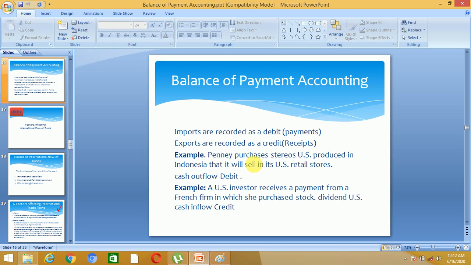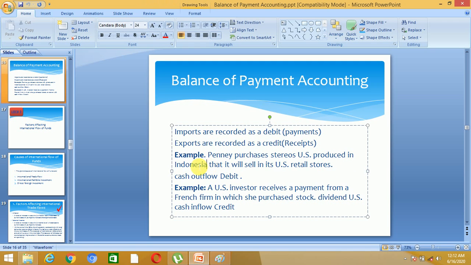That is an Indonesian company, and they are purchasing stereos, electronic equipment, and they will sell it in US retail stores. So it is cash outflow, because the Indonesian company is making payment, so it will be recorded as a debit.